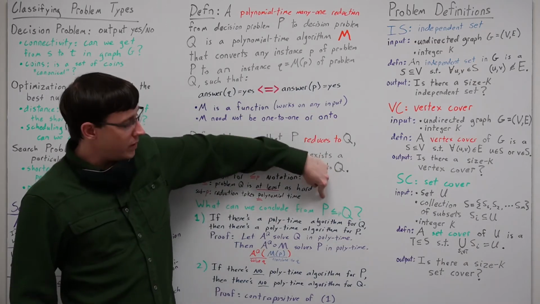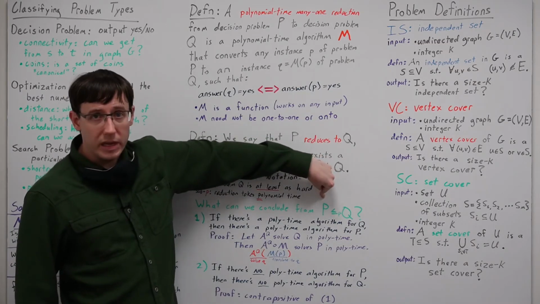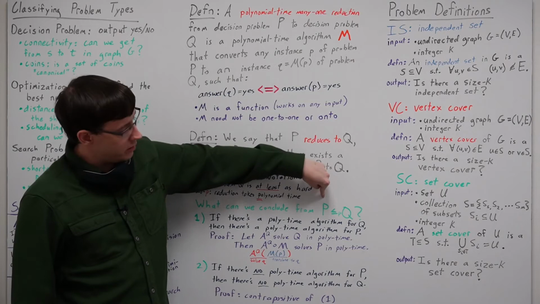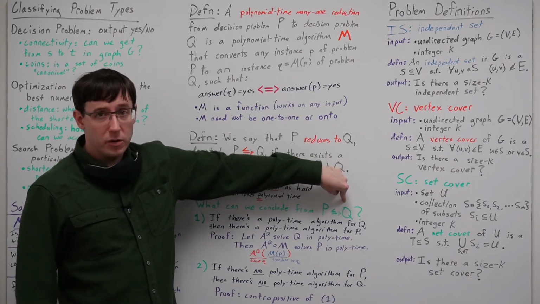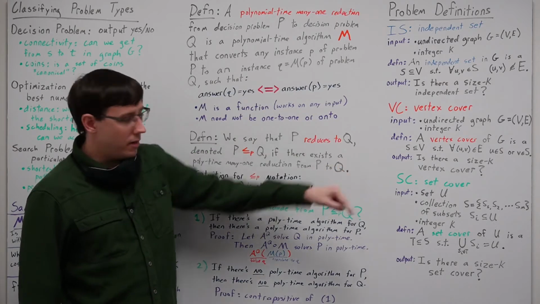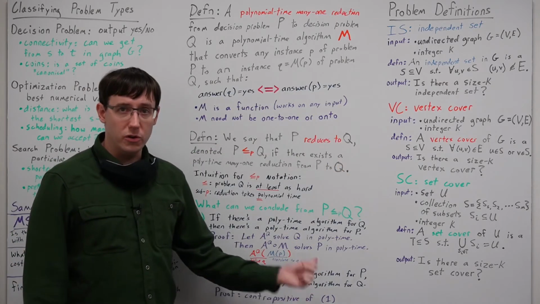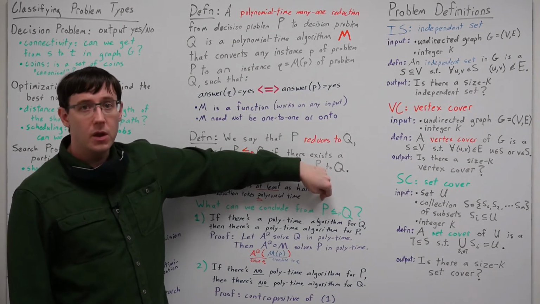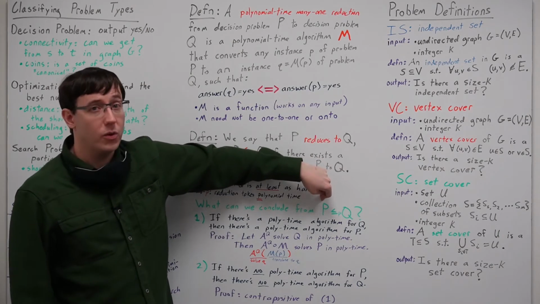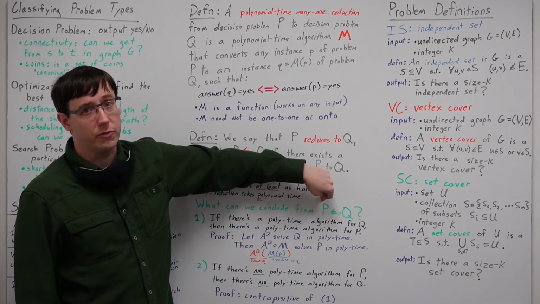If there can't be a polynomial time algorithm for P, but we know a polynomial time way of translating to Q, if we had a polynomial time algorithm for Q, then composing those two would give us a polynomial time algorithm for P, which contradicts our claim that there wasn't a polynomial algorithm for P.